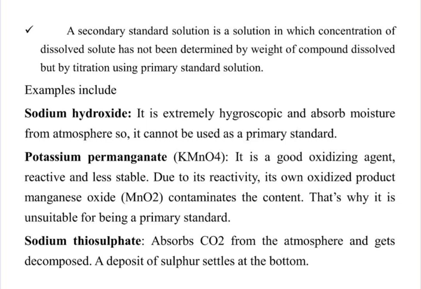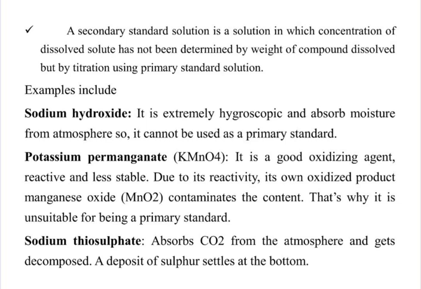Examples include sodium hydroxide. It is extremely hygroscopic and absorbs moisture from the atmosphere, so it cannot be used as a primary standard. Next, potassium permanganate. It is a good oxidizing agent, reactive and less stable. Due to its reactivity, its own reduced product, manganese oxide, contaminates the content.